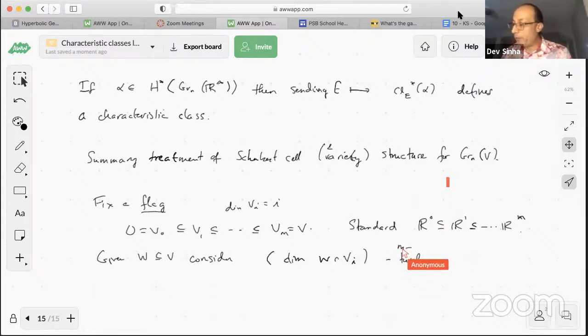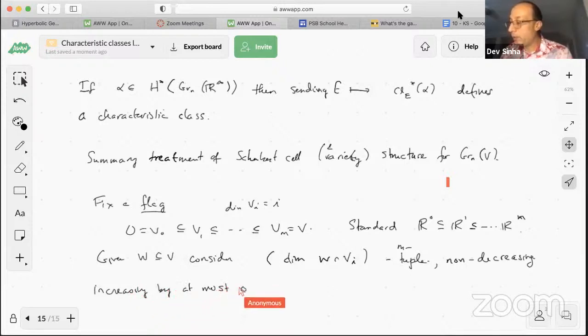It's non-decreasing, and it increases at most by 1. In other words, consecutive numbers differ by at most 1.